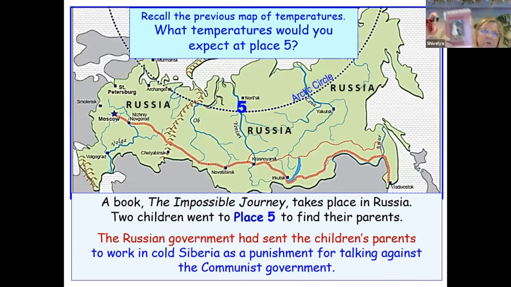We were able to get some old copies, but if you can get your hands on it, it's a great story, and like Carol said, the family is separated. The parents are sent off to Siberia, and these two kids, this young girl and boy, venture off on their own to try to reunite with them.